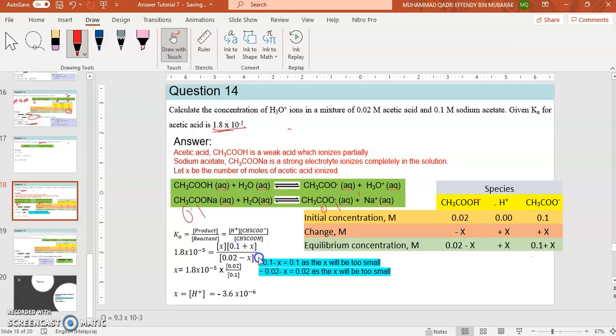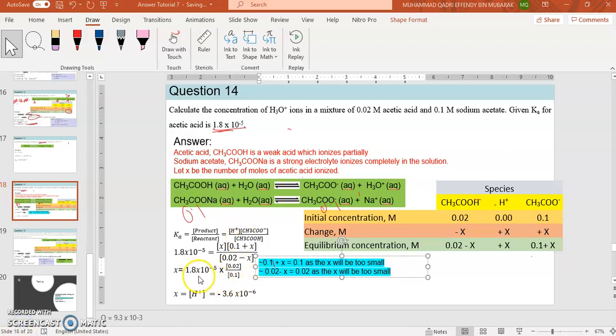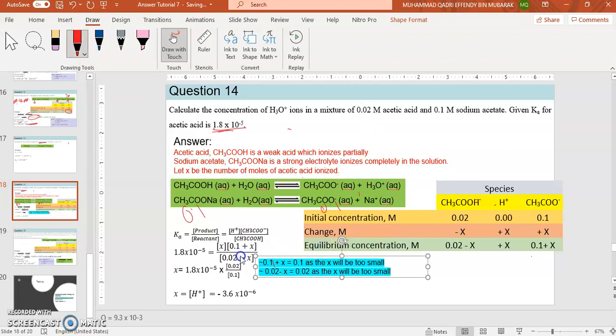So here is our relation: 0.1 plus x. We can consider that the value of x is too small, so we can ignore it. So we just take 0.1, and for the other one, 0.02 minus x, we can ignore x because its value is very small.